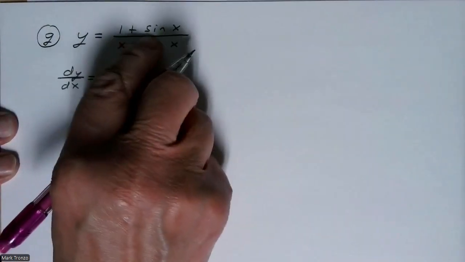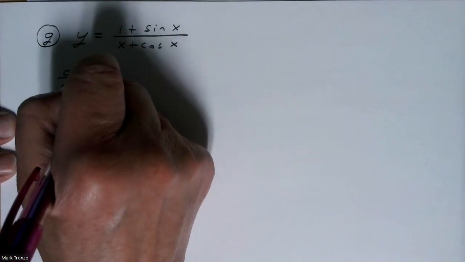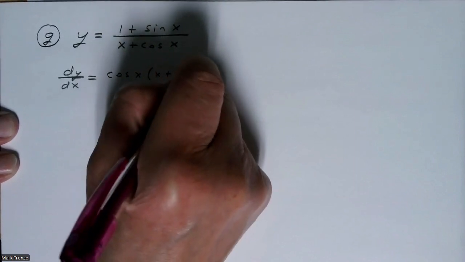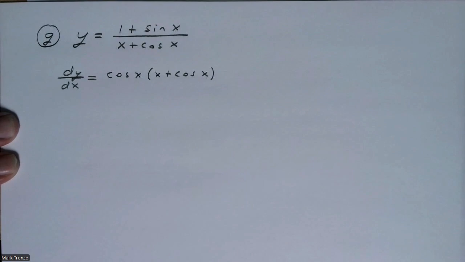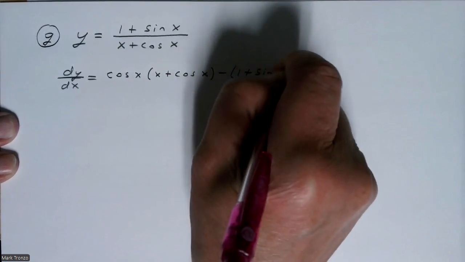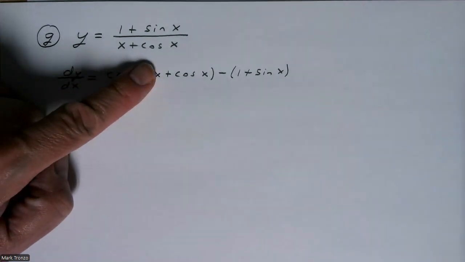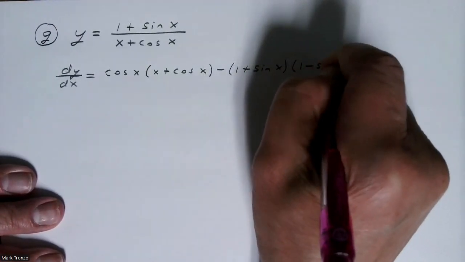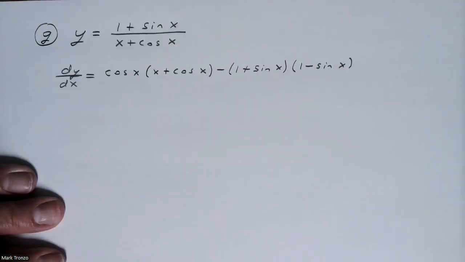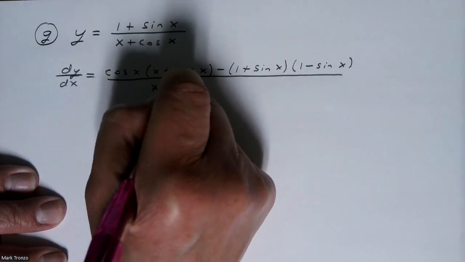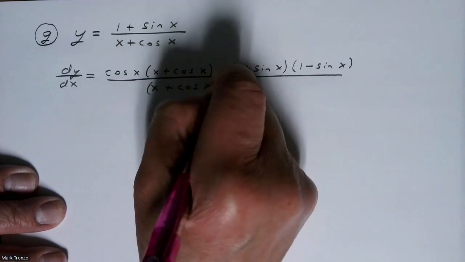Derivative of the numerator, which is going to be 0 plus cos x, times the denominator, minus the numerator times the derivative of the denominator, and that's going to be 1, and then minus, remember, derivative of the cosine is minus the sine, like this, all divided by the denominator squared, like this.